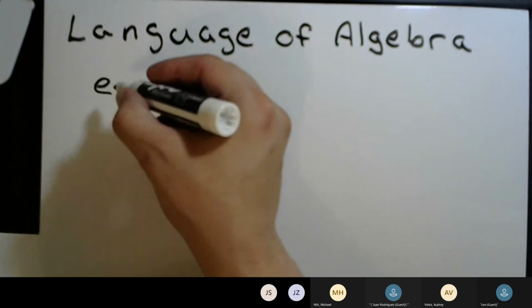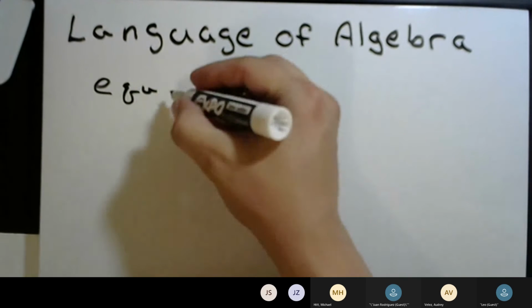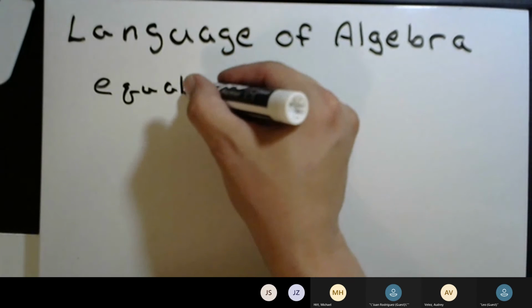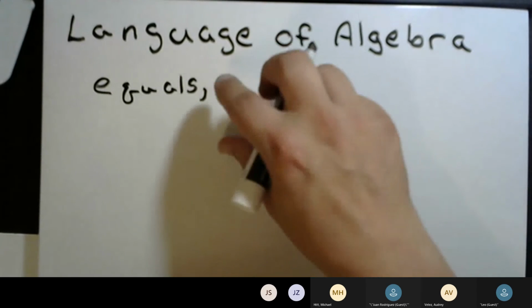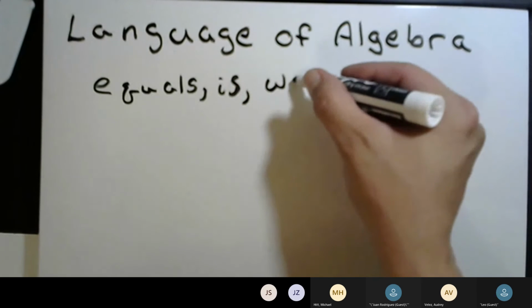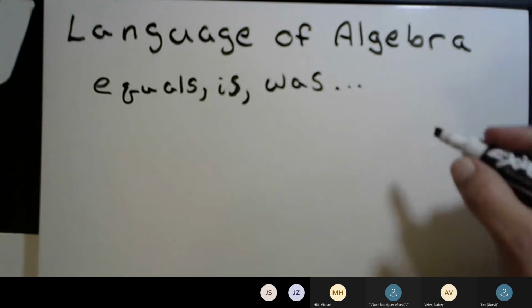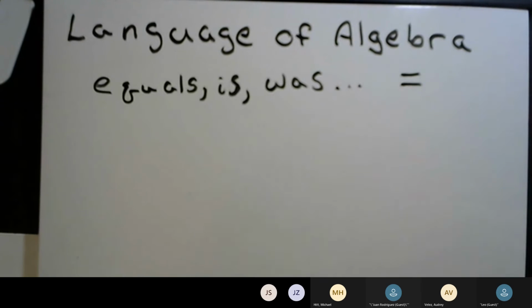So if you see words like equals, is, was, and there's more, you're dealing with an equal sign.